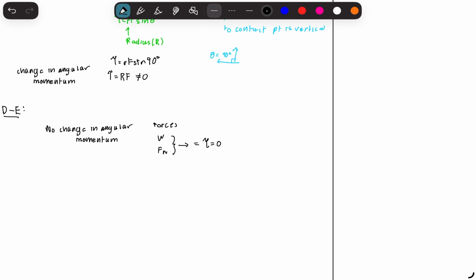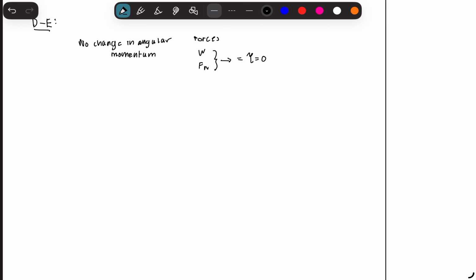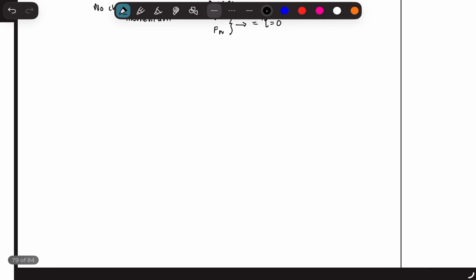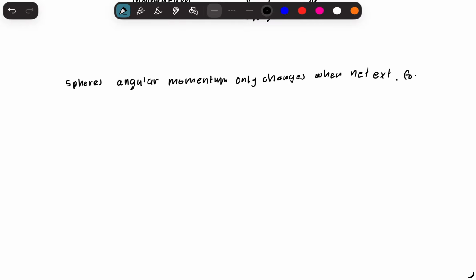So overall, the sphere's angular momentum only changes when net external forces act about the center of mass.